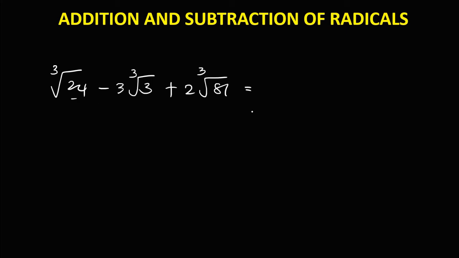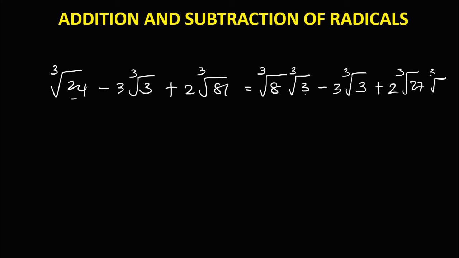For this cube root of 24, we can rewrite this one as cube root of 8 times cube root of 3, because 8 times 3, that's 24. Then minus 3 times cube root of 3, then plus 2 times cube root of 81, that's cube root of 27 times cube root of 3.